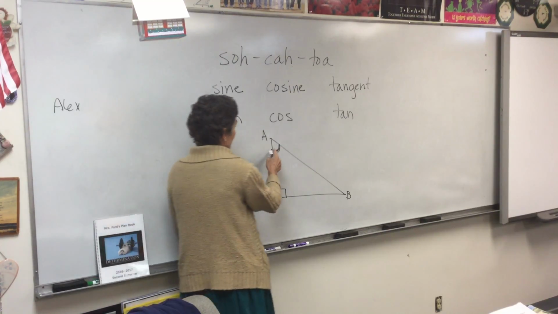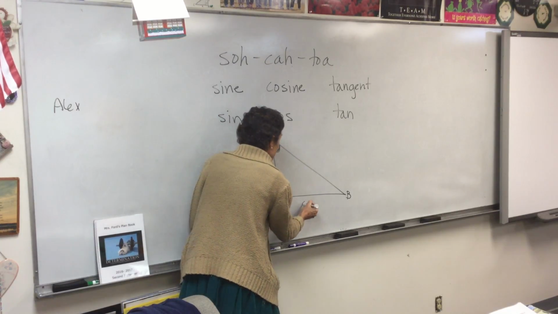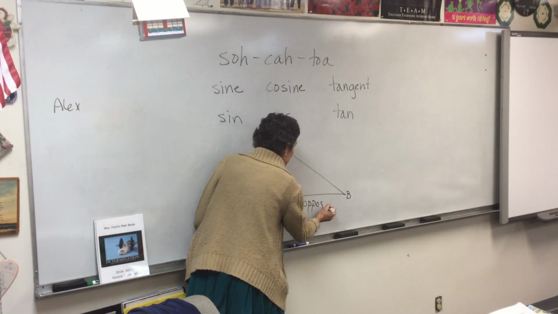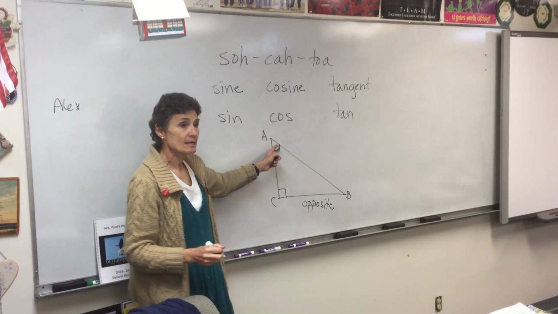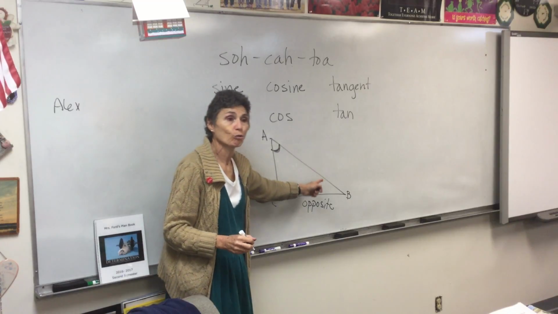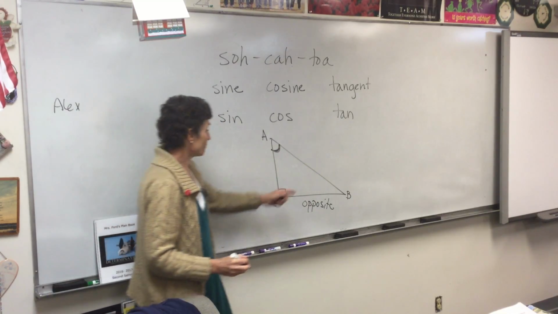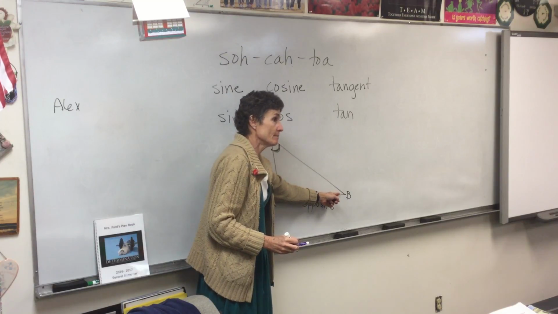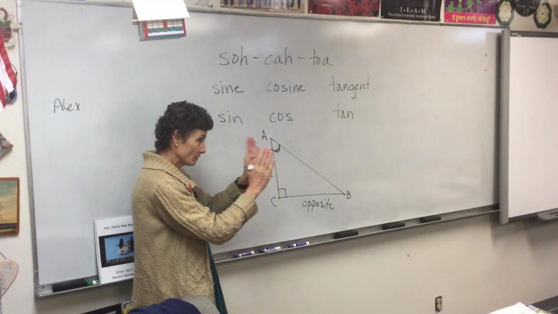With regard to angle A, this side over here is called the opposite side. The opposite side is the side that is across from the angle. If I were looking at angle B, this would be the opposite side. So you got to have an angle to focus on.